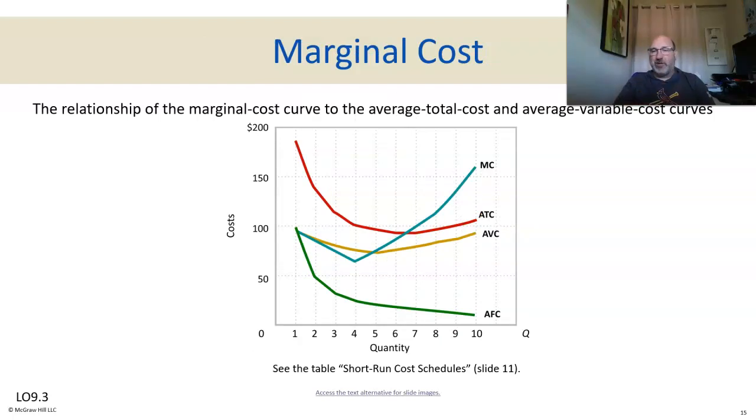And there you go with the marginal cost added to it, and you see as ATC is falling, it is above MC. ATC is equal to MC at its minimum, and as ATC is rising, it is below MC. So that is kind of how that goes.